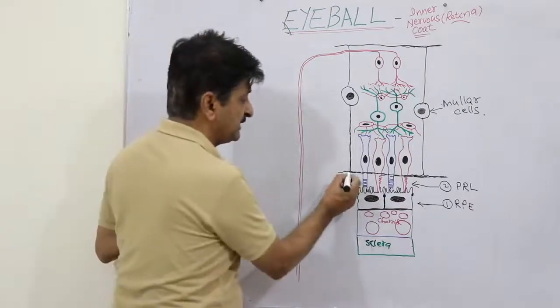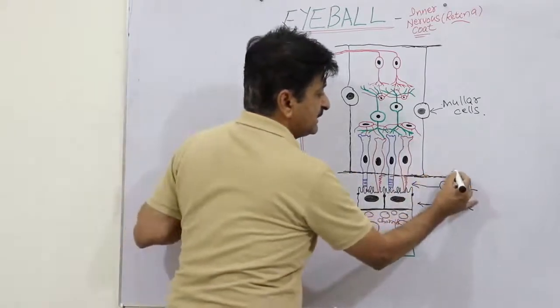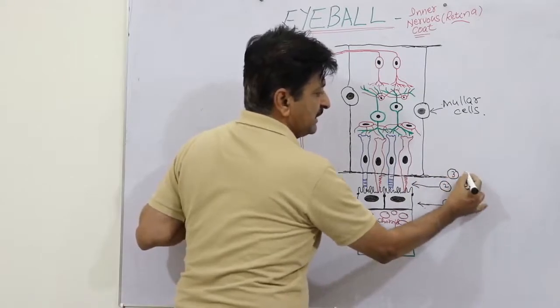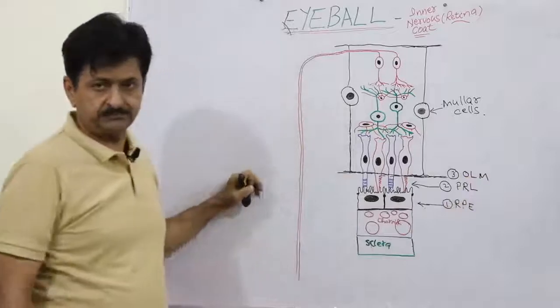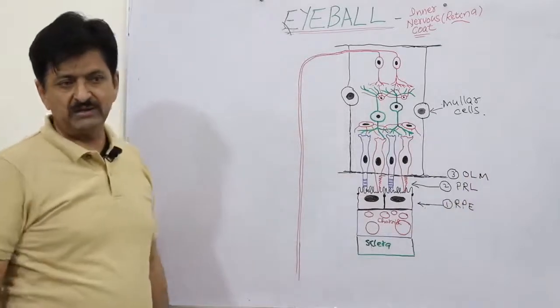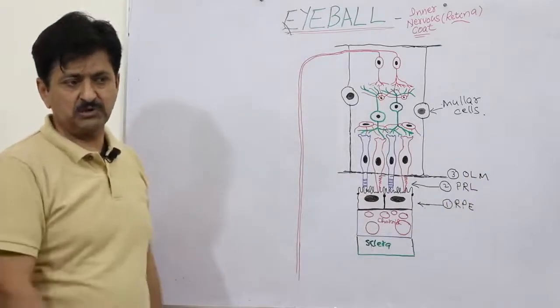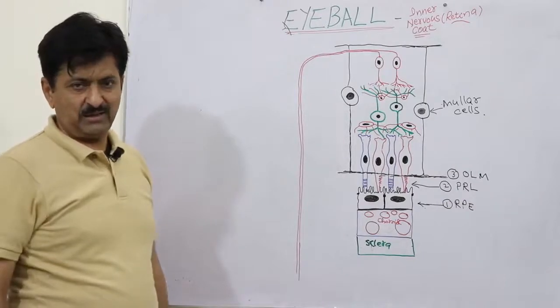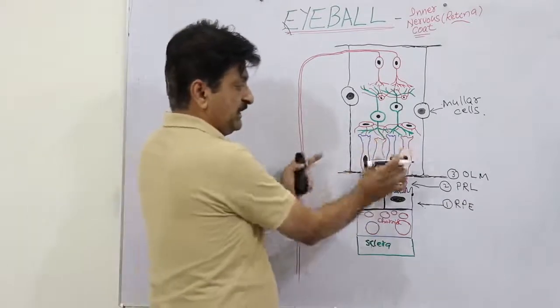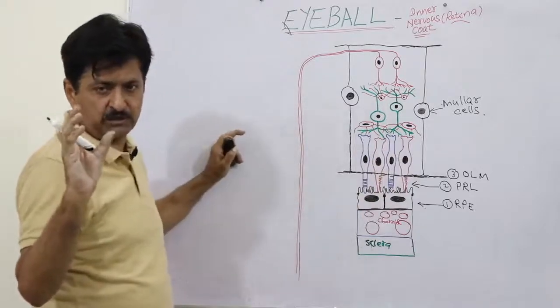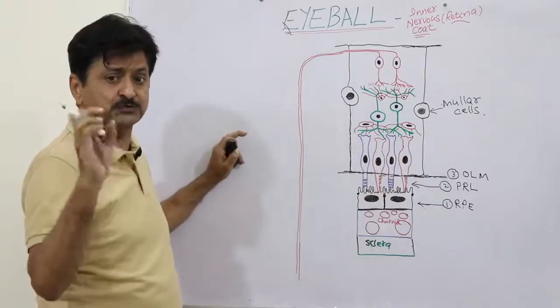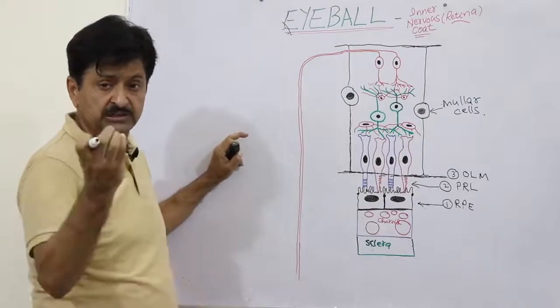But if you are looking at this, this is the third layer. This third layer is called outer limiting membrane, OLM. So this is formed by the short processes of the Muller cells here. Not only this, but after that comes that zone of your rods and cones which contains the cell bodies, which contain the nucleus.